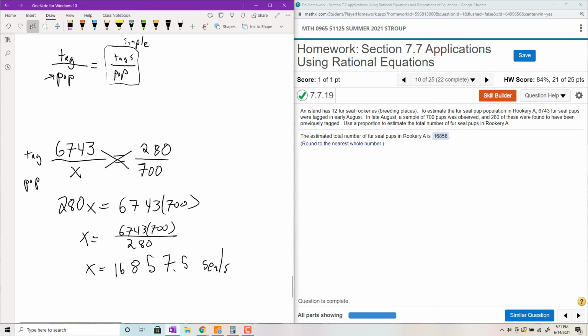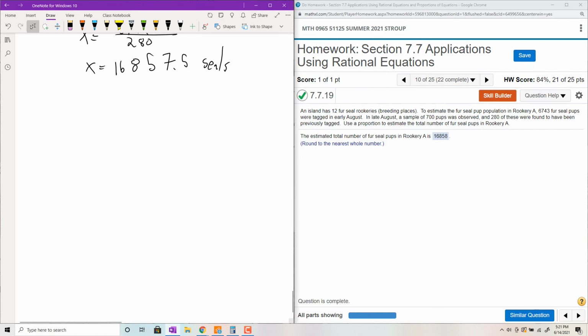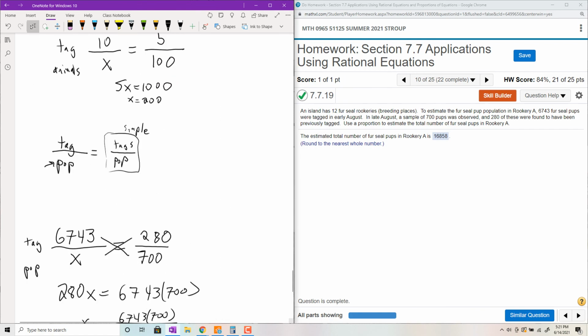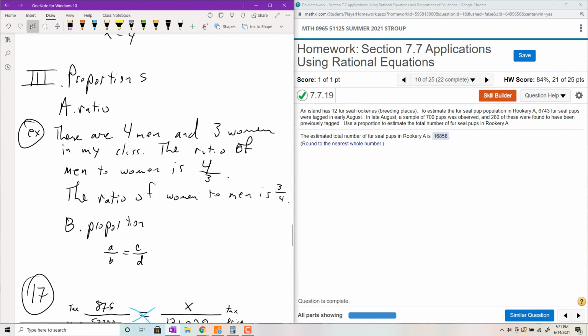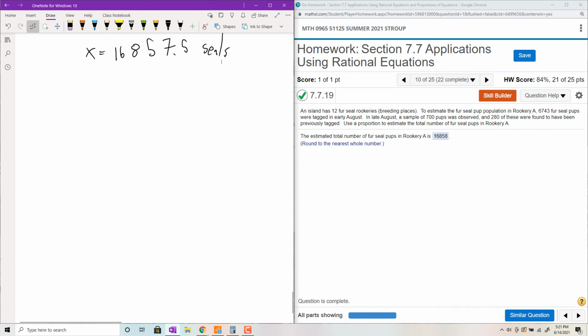The next topic is similar triangles. Let's see what Roman numeral I'm on. 3, 4, I guess. Basically, you can make proportions based on the sides of the triangle, so long as they have corresponding angles.